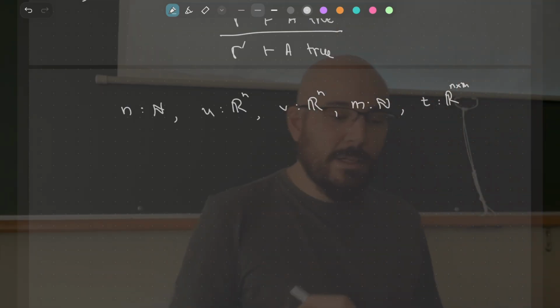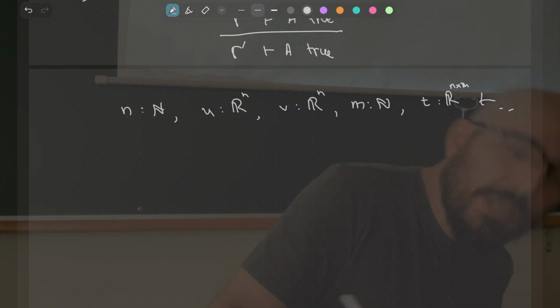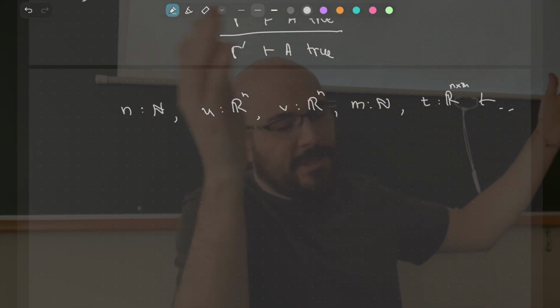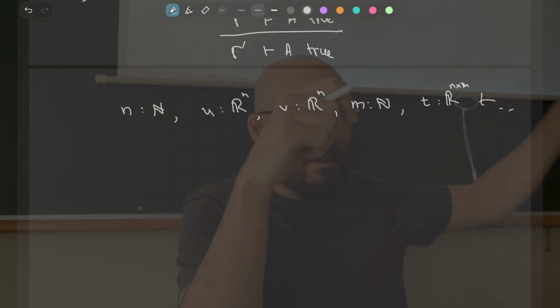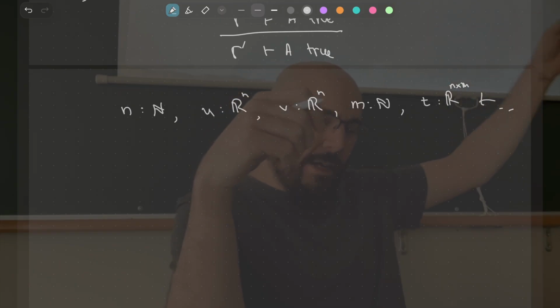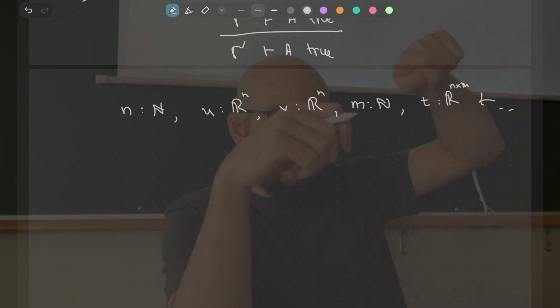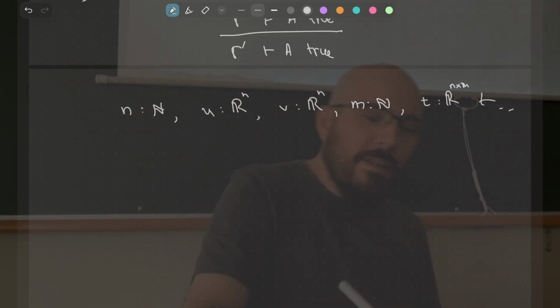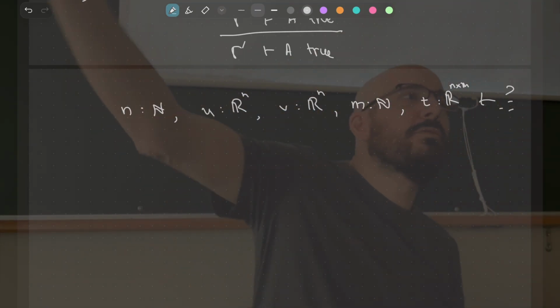Let's say I have this context and I want to prove something. This should make sense for anybody who studied mathematics. You could have something starting like that. Let n be a natural number, u and v are vectors in R to the n, m is a natural number as well, and T is a matrix of this dimension. This makes total sense mathematically as a statement. Then you proceed and prove something.